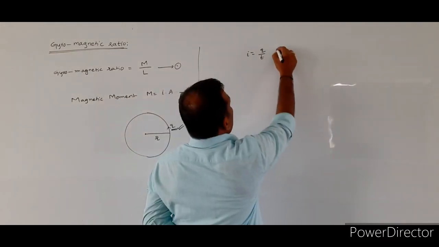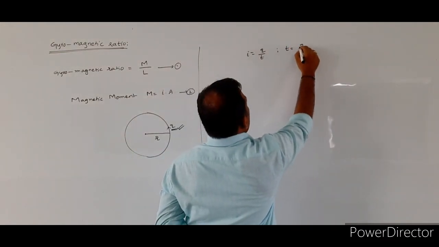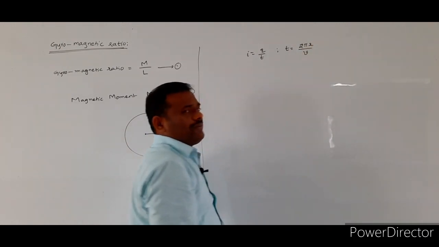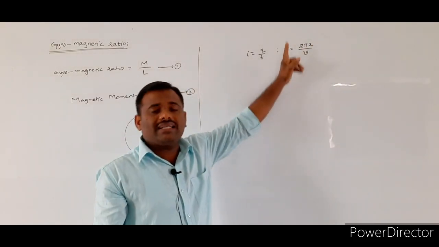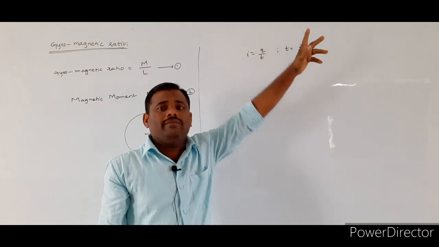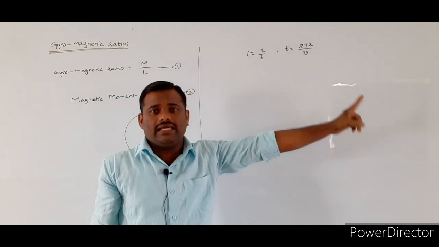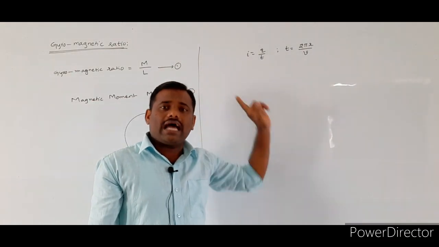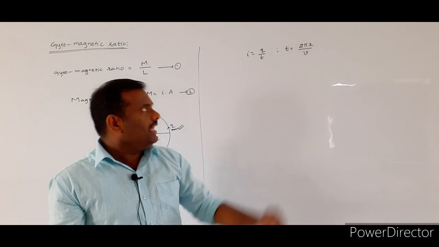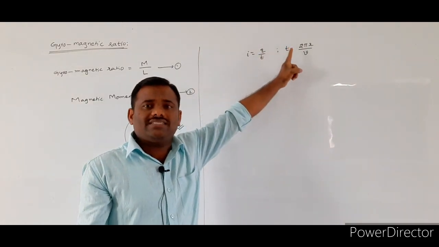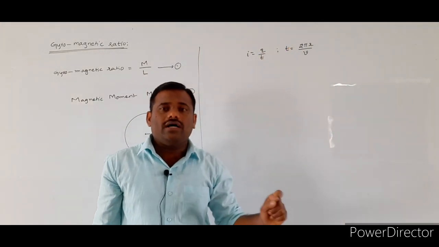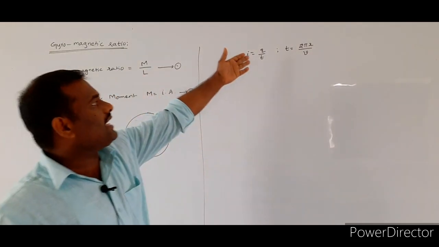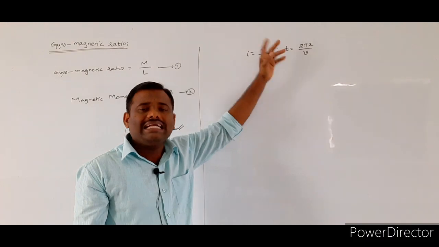Time taken is the distance covered by the charged particle divided by the speed of the moving charged particle. Once again, current I is equal to Q by T, where Q is the magnitude of the charge and T is the time taken to complete one revolution, which is the time period.